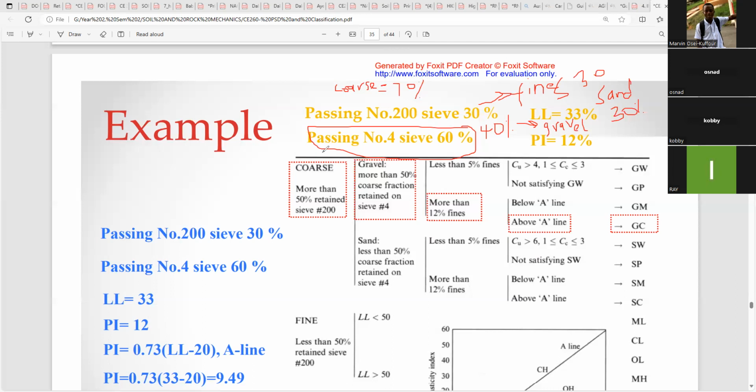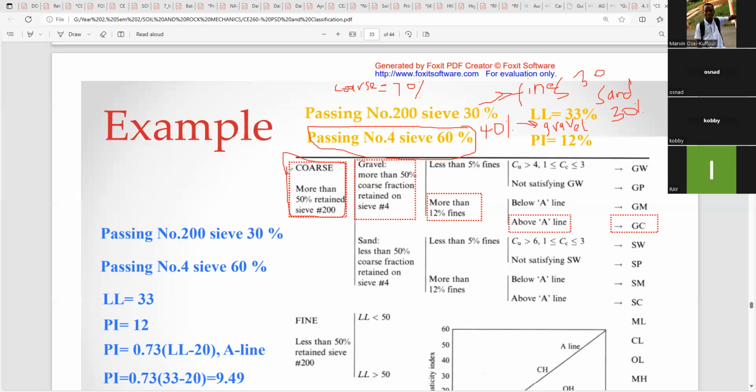The first column between coarse and fine, which one do we have? We have 30% fine, we have 70% coarse. It means we have a lot more coarse fraction than fine fraction. So we choose the coarse. Do you get it?